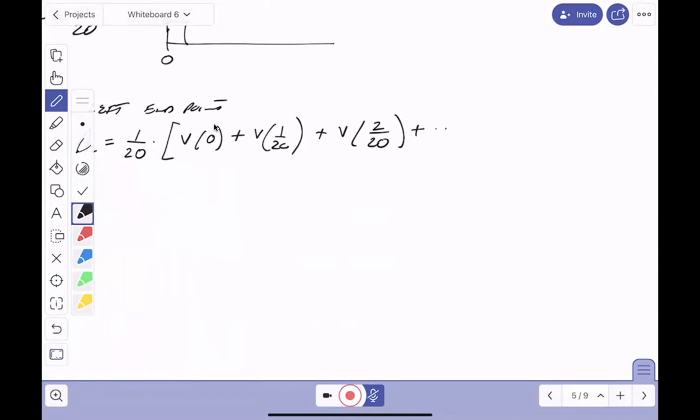Yada, yada, yada. I'm going to eventually get to the end. This is where a lot of students say, I don't know what the end means. Well, we need to get to this last one over here, but we're still taking the left endpoint. What's 1? It's 20 over 20. So what would this one be? That'll be 19 over 20.